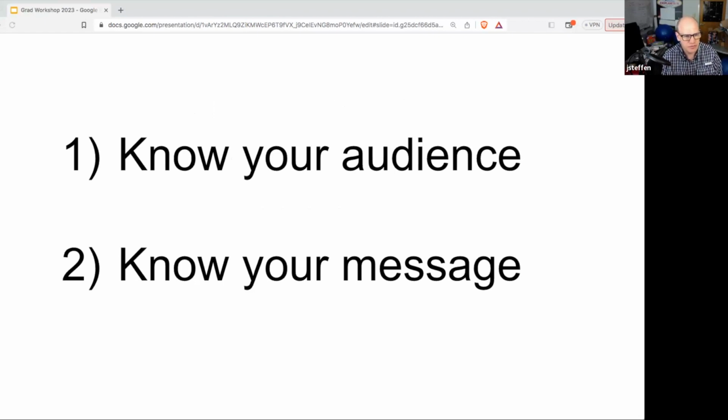For example, if you're writing just a regular research article to professionals in your field, there's a certain amount of vocabulary that they're already going to understand. If, on the other hand, you're writing to Science or Nature, or in many cases the letters version of a given journal, it will be primarily geared towards a general audience. So it might be physicists, but all physicists and not just physicists in some particular area.